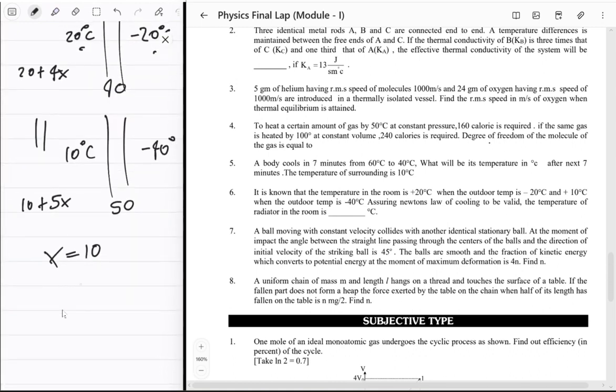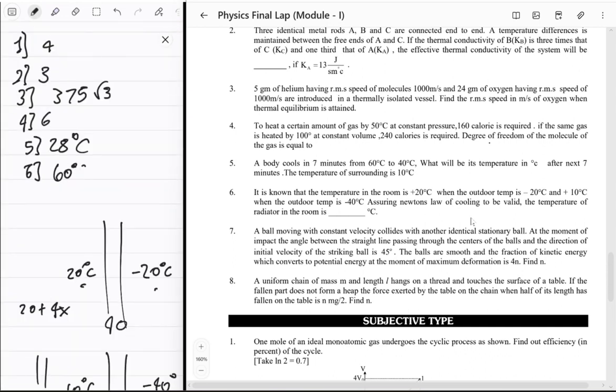So the actual temperature is 10 plus 5 times 10, which is 60. So 60 degrees Celsius. Right, sixth answer is 60 degrees Celsius.